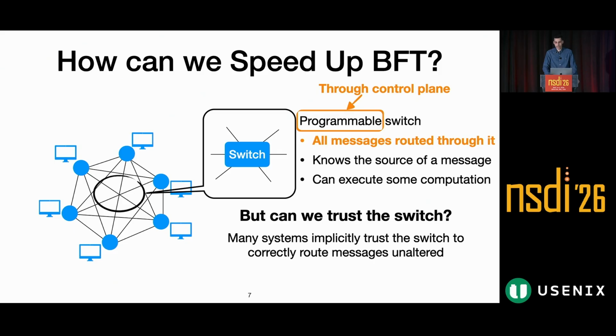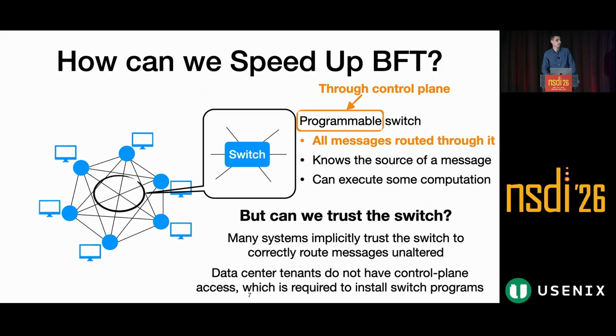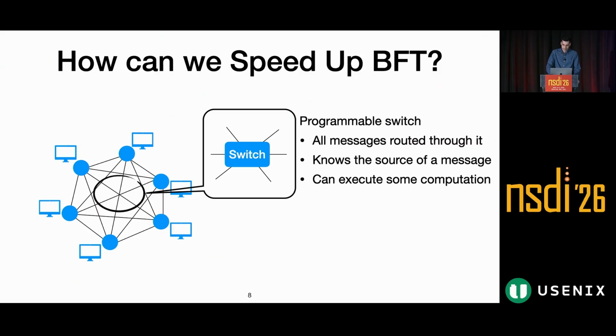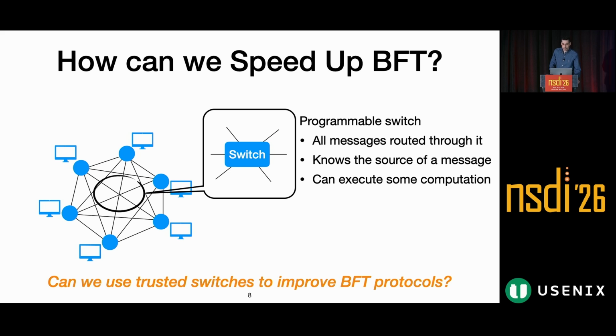In addition to that, switch vendors can lock the switch, so even if an attacker does get access to the control plane, it cannot change the behavior of the switch. So the question is, how can we use these trusted switches to improve BFT?